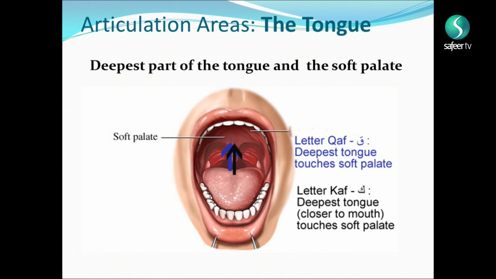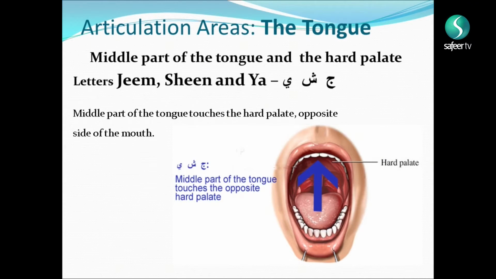Then we go to the next point of articulation, next slide, which is about letters Jim, Shin, and Ya. These three letters we pronounce from the middle part of our tongue, but as you see here, the middle part of the tongue touches the opposite hard palate.